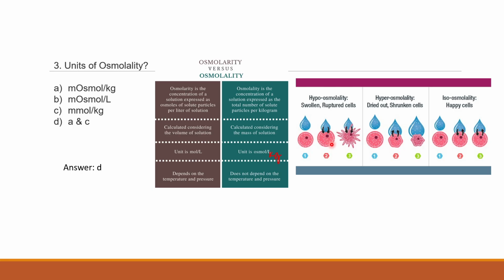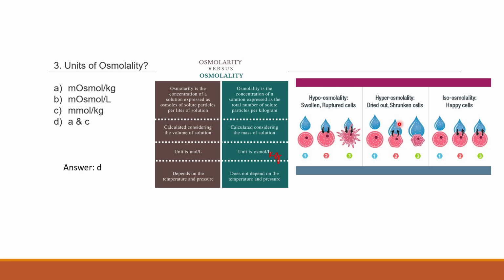If there are cells in that environment, the water will enter into your cells, and your cells will start to swell, because in this case the solutes in the environment are lesser than the solutes in your cell. So the water will try to enter the area wherever there are more solutes. Remember, here the solutes cannot pass through, that is why the water is passing to maintain the balance. So if it is hypoosmolality, your cells will get swollen and ruptured.